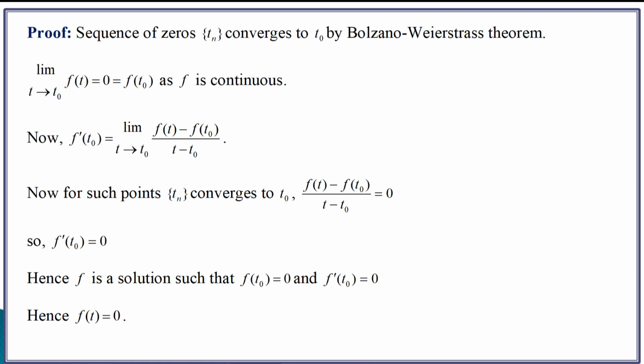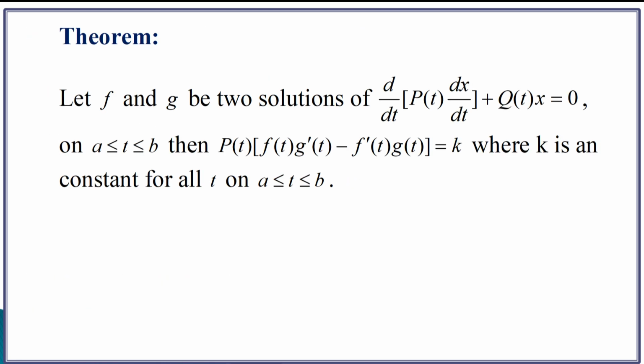Next, in the next slide we see another important theorem. Let f and g be two solutions of this self-adjoint equation, and then we show that this term is a constant. Now, why are we interested in this theorem?